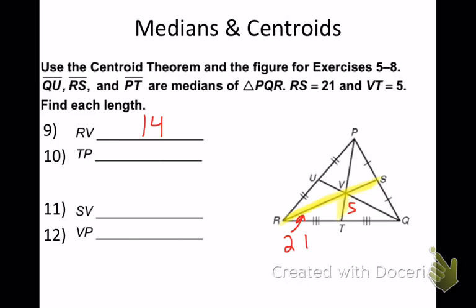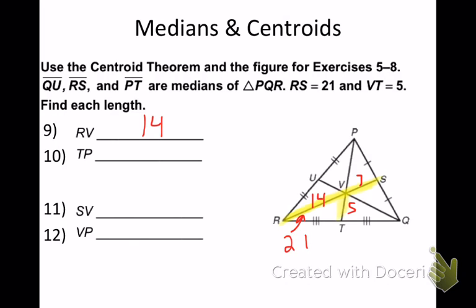Reed, how'd you find that? Because RS would be 21. So VS, you divide by 3 and it'd be 7. So the other one, you have to double 7, so it'd be 14. Nice job, Reed. Why would you divide that by 3? Because you have to find the shorter segment. The short one is always 1/3 of the whole segment.